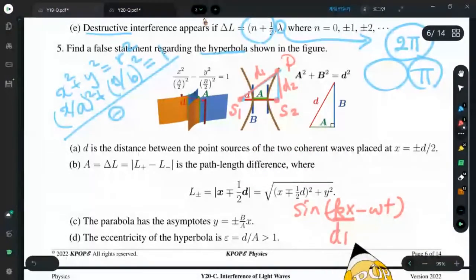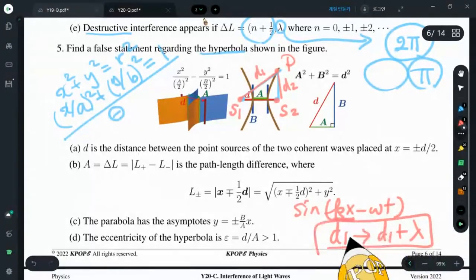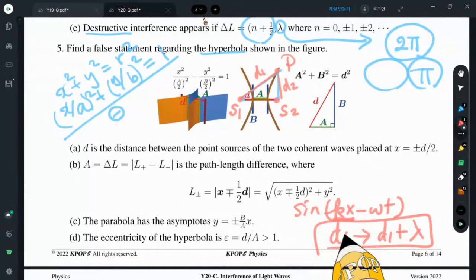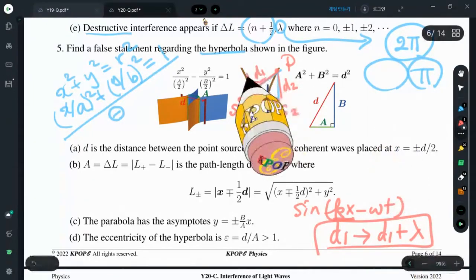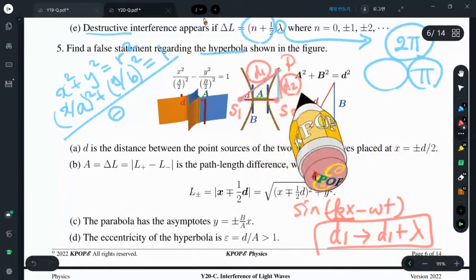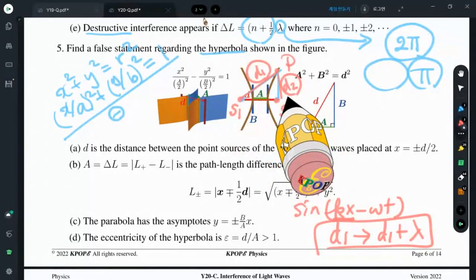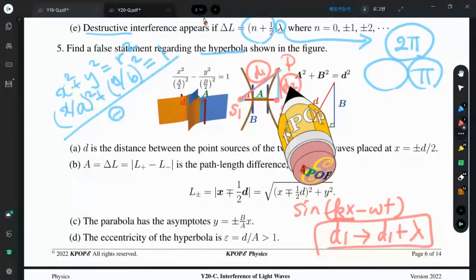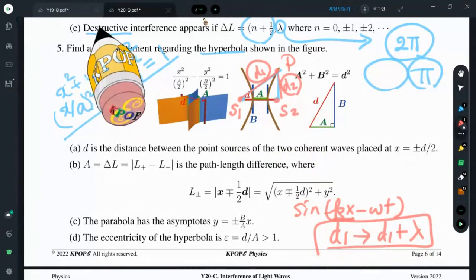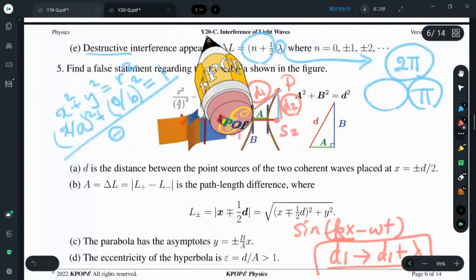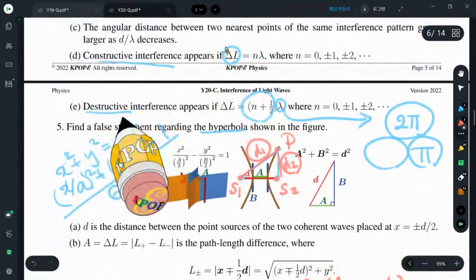if D1 changes to D1 plus lambda, then these 2 points are of equal phase. Therefore, if we subtract D2 from D1 and find the difference between the two, then you will determine the point at which there is fully constructive or fully destructive interference.